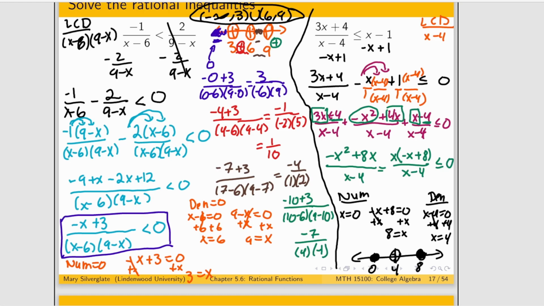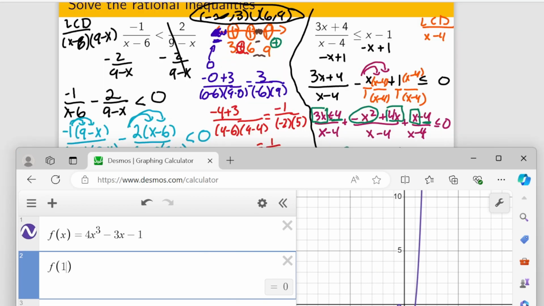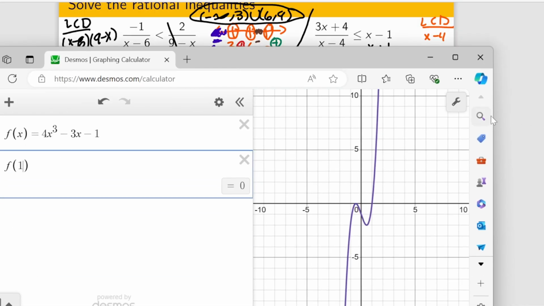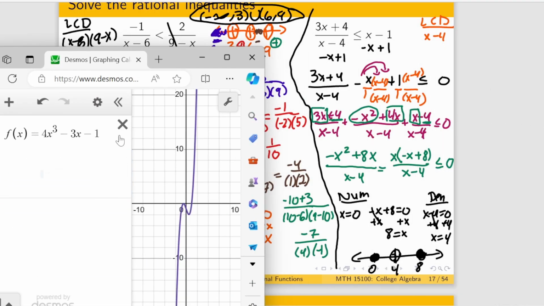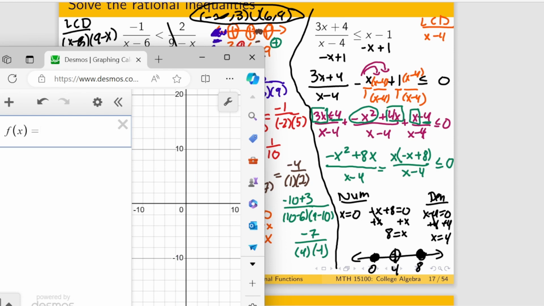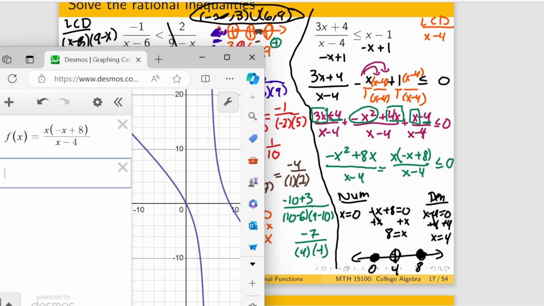Since I showed you the long way of figuring out those signs, I'm going to show you how to use your calculator strategically. Because you can just go ahead and put this function into a calculator and then figure out the signs from there. So if I have x times negative x plus 8 all over x minus 4, I've now put that in as a rational function.